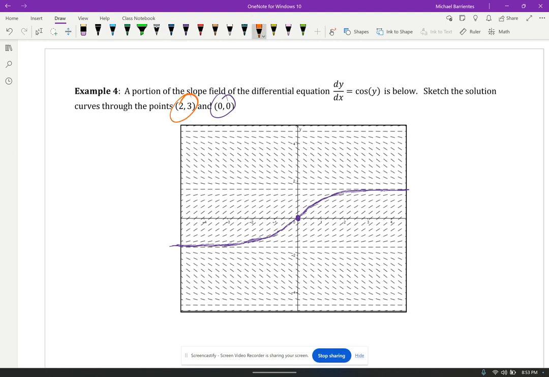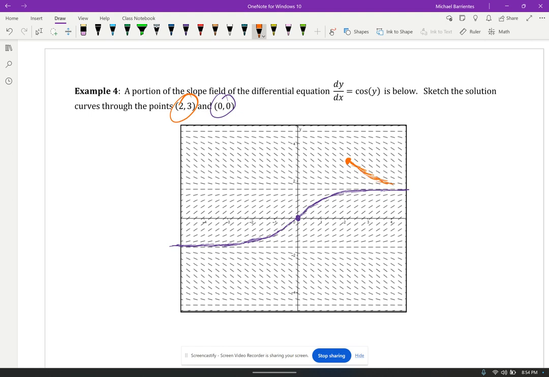Okay, second point, 2, 3. I see 2 right here. I don't know where 3 is, but I know this is 2, so 3 is somewhere here maybe. I don't know. We'll say it is. Okay, as I go to the right, I'm following the lines.